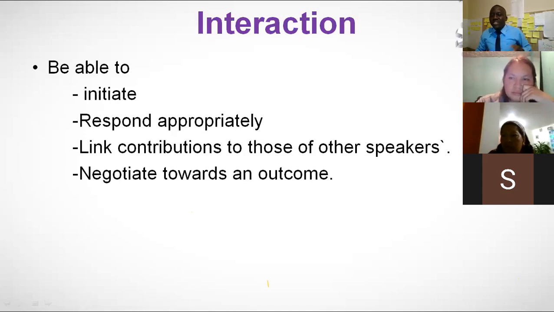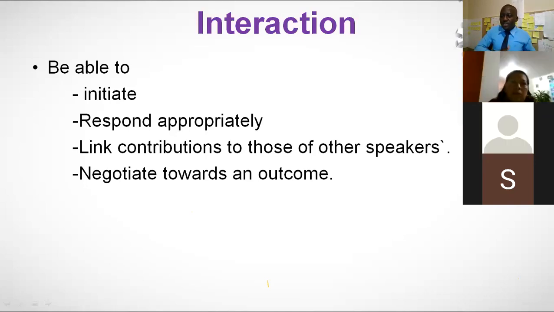You're linking to what someone has said. Don't just say, no, I don't agree. Make sure that you bring your view in a gentle way. How? Talk about what he has said. Don't argue. Agree with what he has said, because that is his opinion, or her opinion.